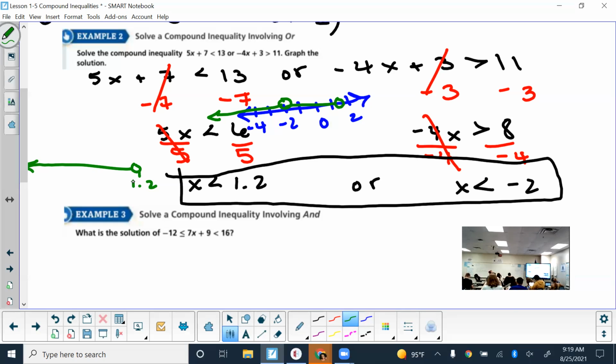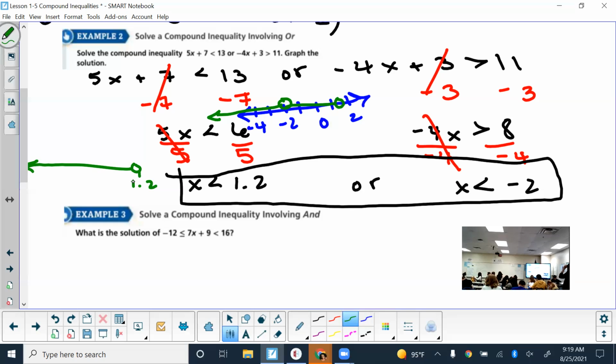Yes. So open means that the answer is not included and closed means that it is. So that's like you would say at least 2. Not exactly. Now you can, so that one would be a closed circle.